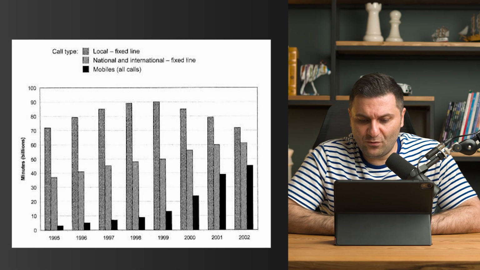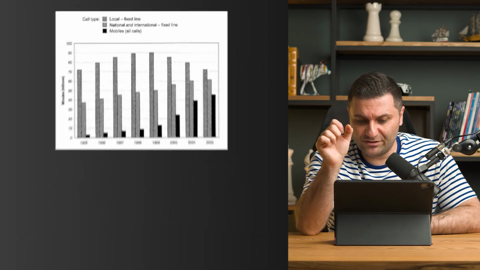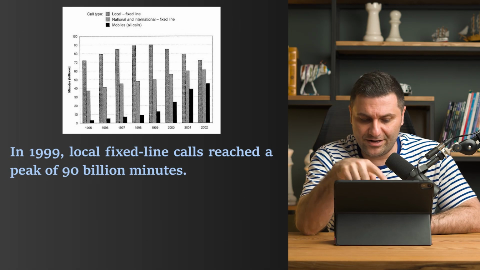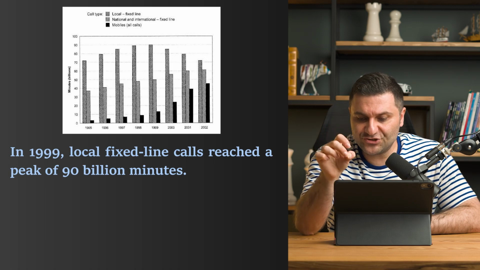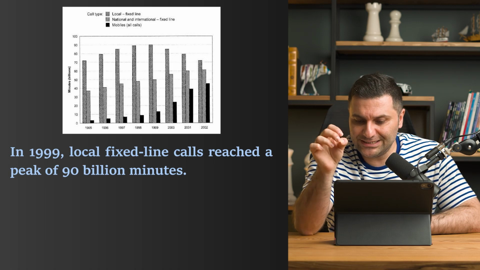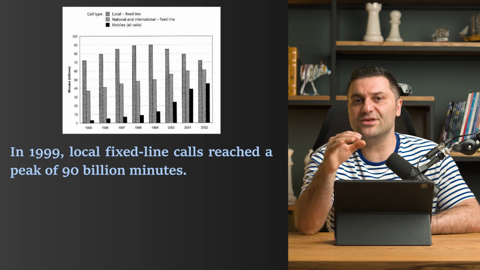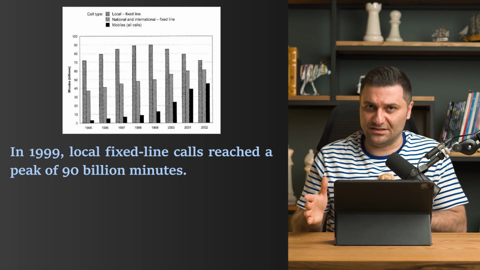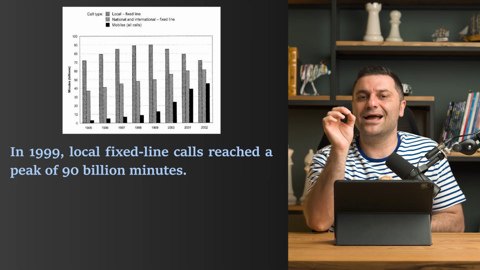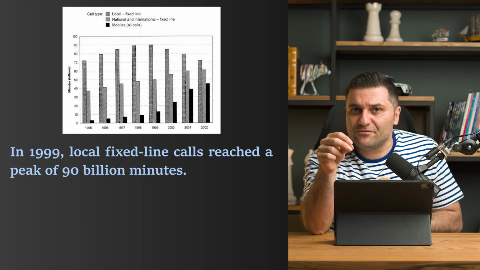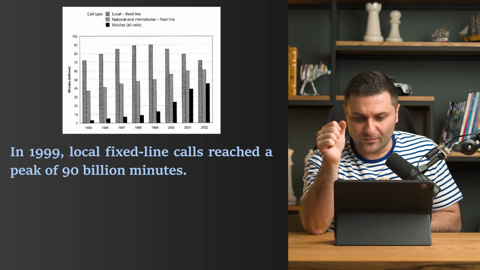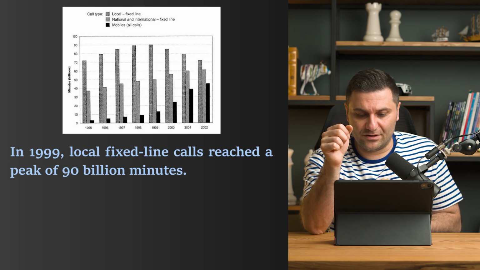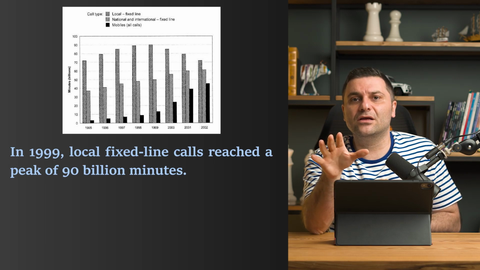Take a look at this question. In 1999, as you see, local fixed line calls reached a peak of 90 billion minutes. This is a correct sentence, all right? It is accurate. However, these two sentences that I will give you now are incorrect.